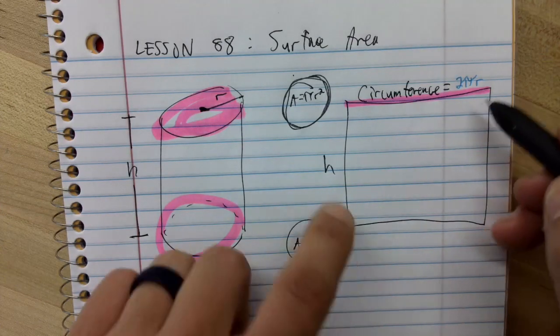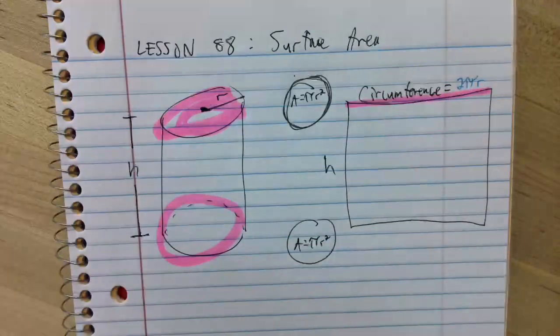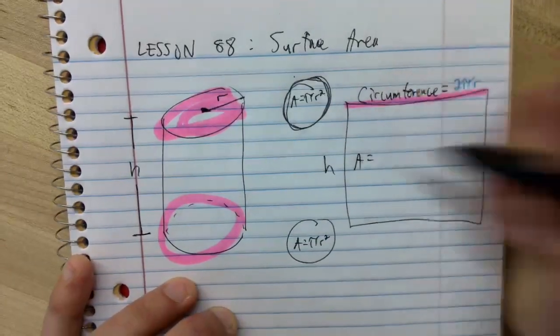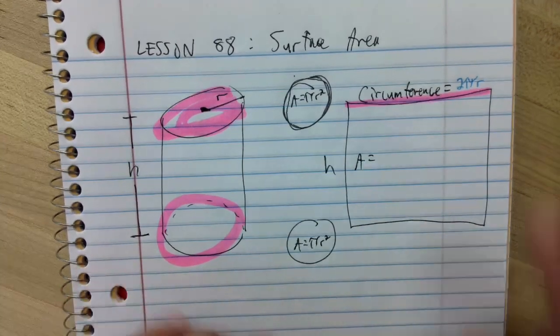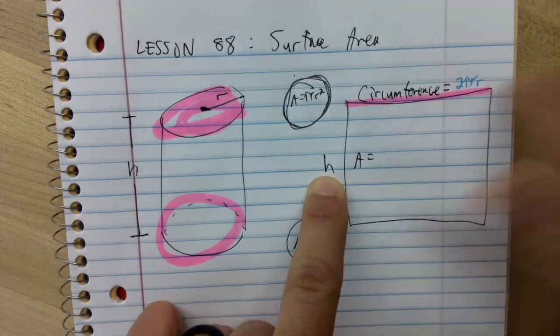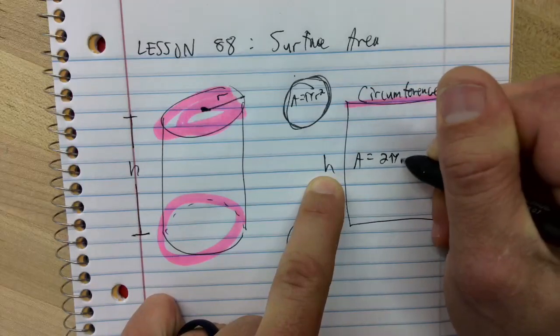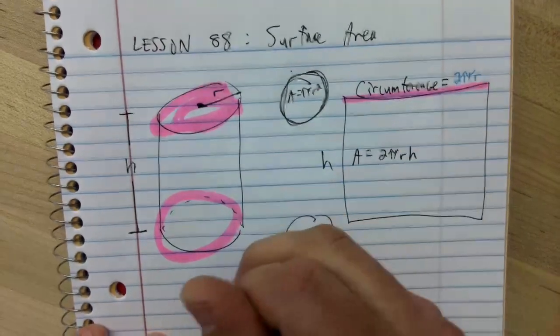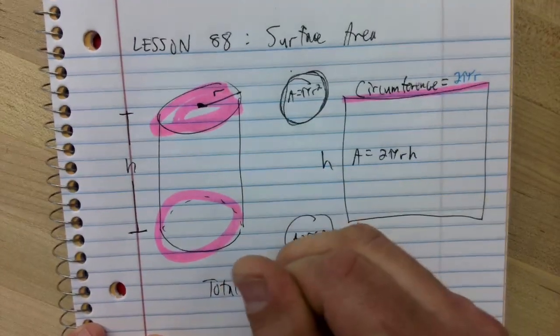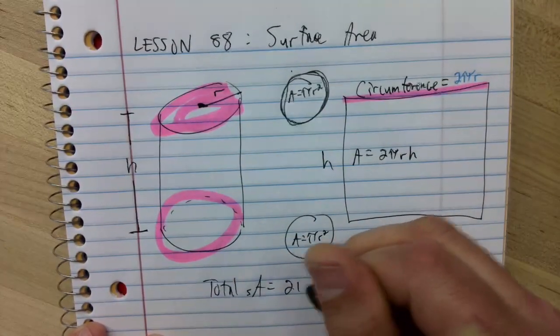So the area of the rectangle that Cole said is the wrap, what is that? Isn't it just length times width? Using these values, 2 pi r h. So my total surface area would be pi r squared plus pi r squared.